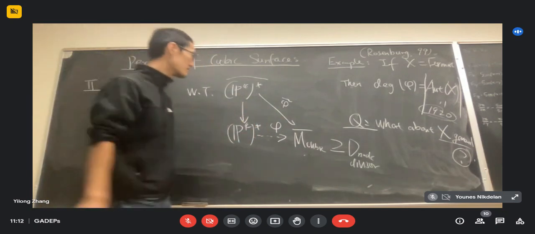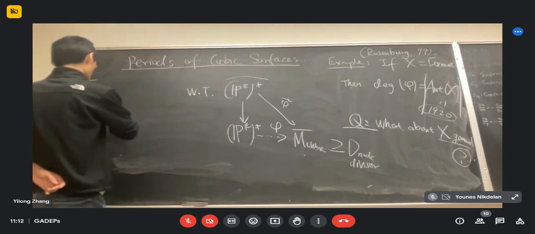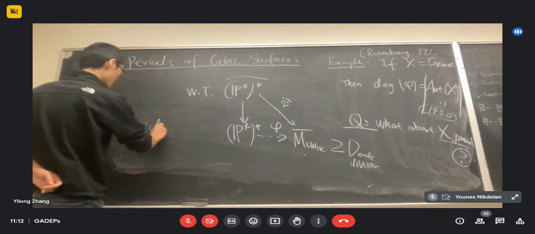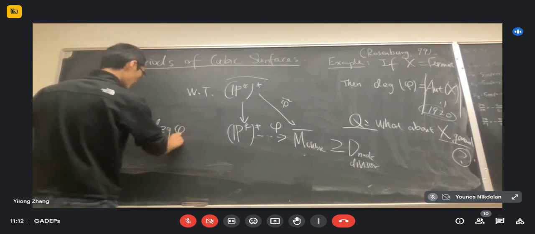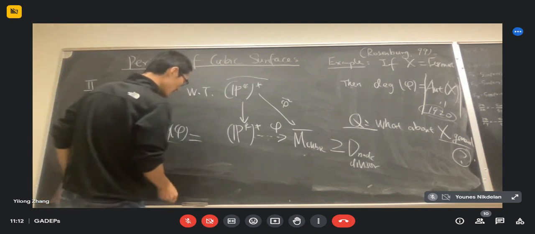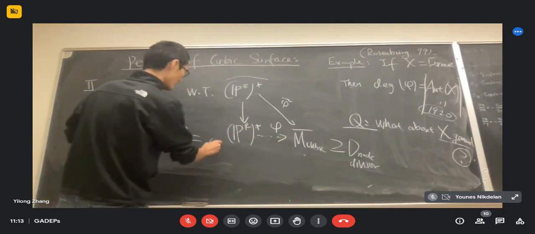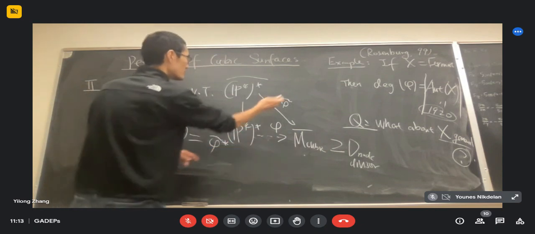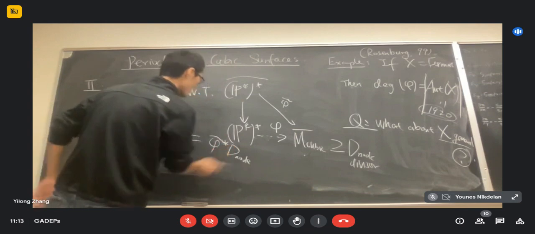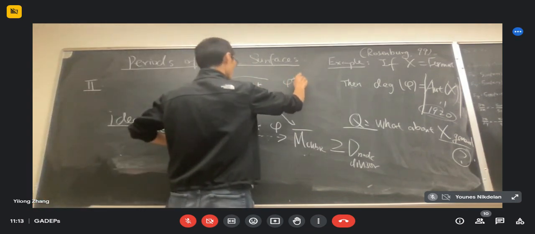So the idea is that we transform this topological data into something like intersection theory. So we pull back this divisor using this regular map. Well, this becomes a divisor here.